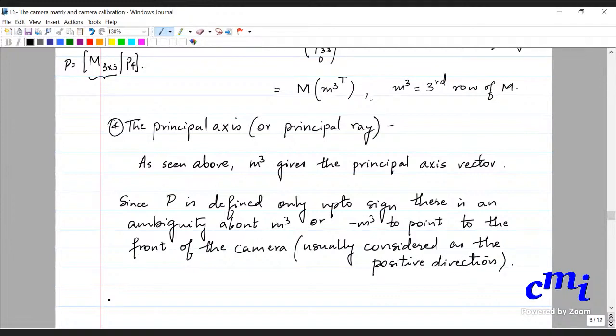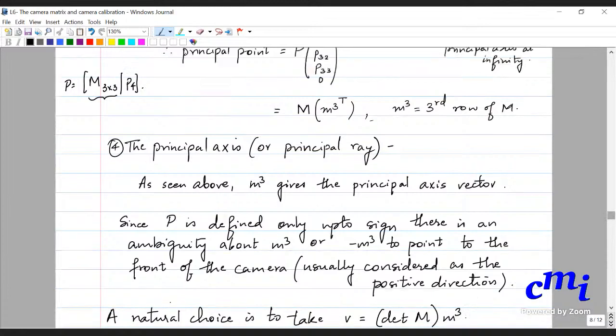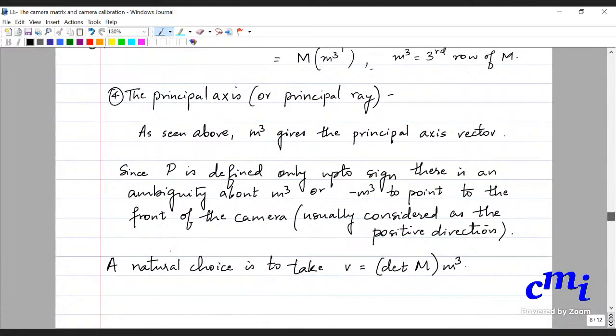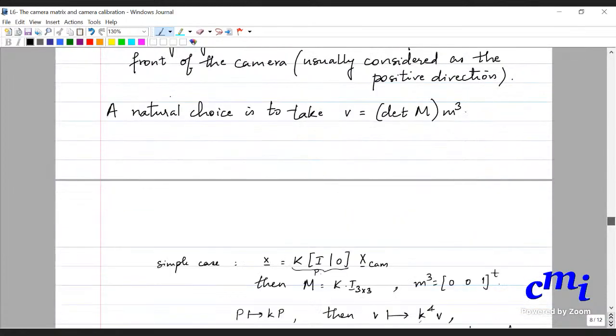A natural choice to resolve this ambiguity is to take the vector determinant of M times M3. So the natural choice is to take the principal ray or principal axis being represented by the vector V equal to determinant of M times M3. There are two reasons for this choice.